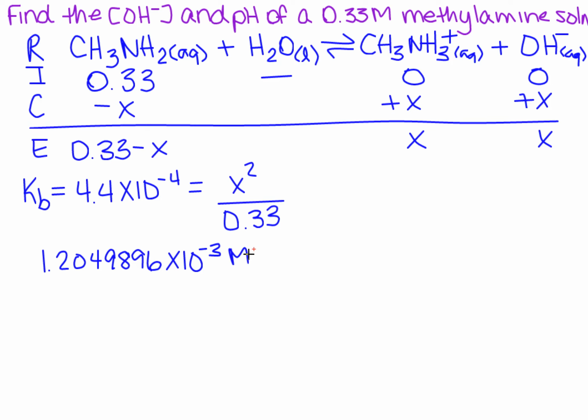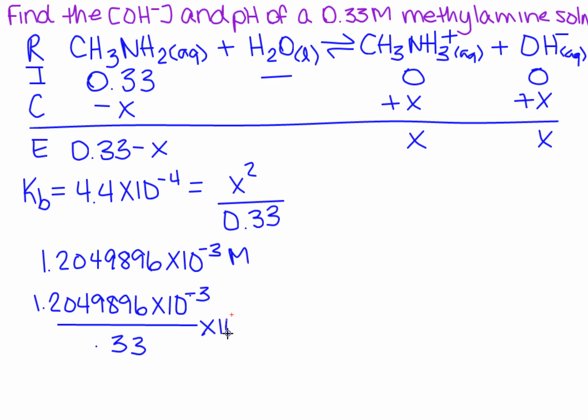Now, is it okay that I made that approximation? So remember, how do you do that? Well, you're going to take that number, and I'm going to divide by what? That's right, I'm going to divide by the initial concentration. So I'm going to divide by 0.33, and then I'm going to multiply by 100, and I get 3.7, which is less than 5%, so this was okay.